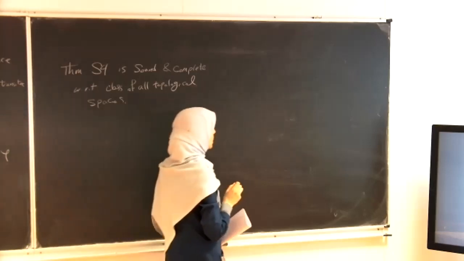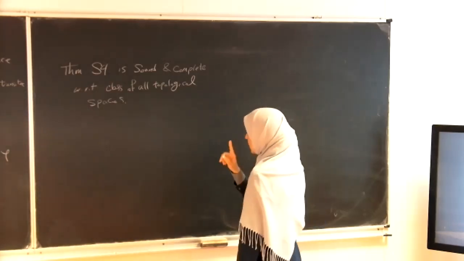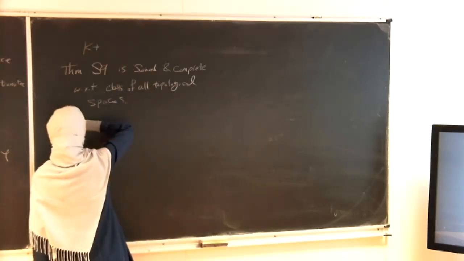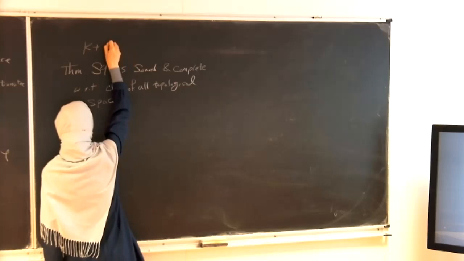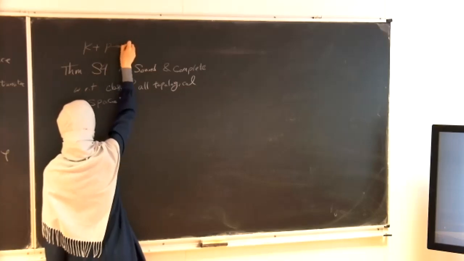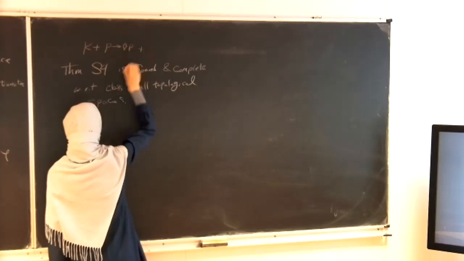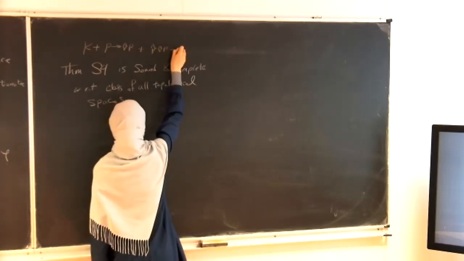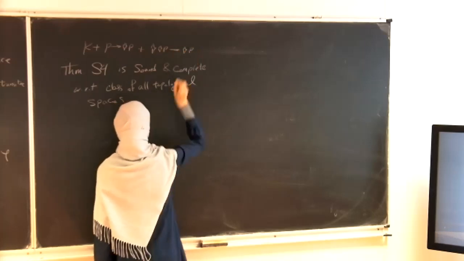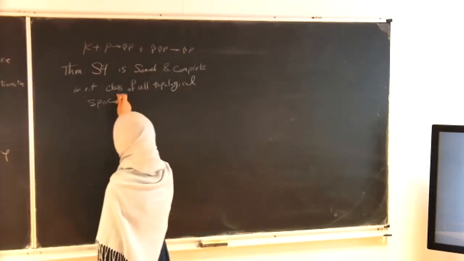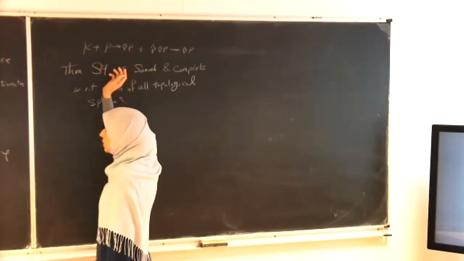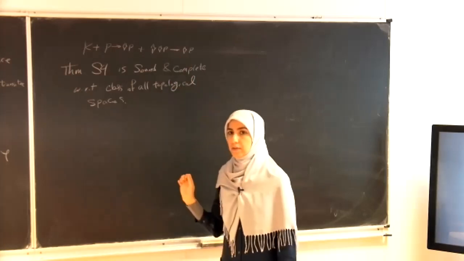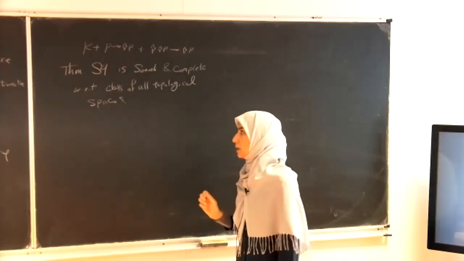Recall that by soundness and completeness, we mean the following. First recall that S4 was the system K plus the axiom which says P then diamond of P, and the axiom which says diamond diamond of P then diamond of P. These axioms characterize the class of reflexive frames in the Kripke semantics, and this axiom characterizes the class of transitive frames in the Kripke semantics.